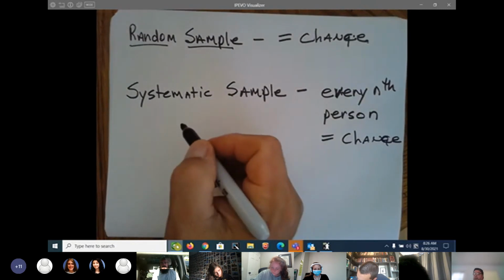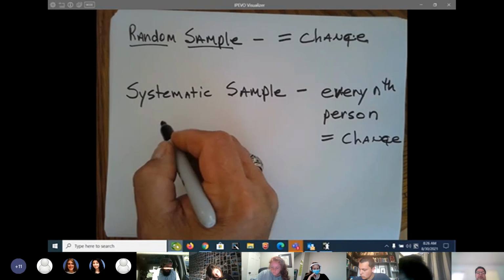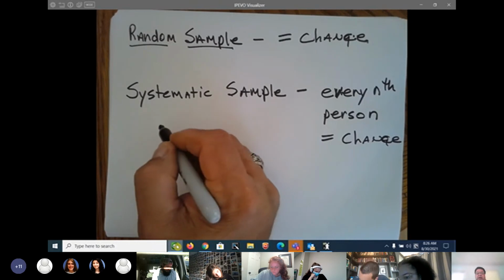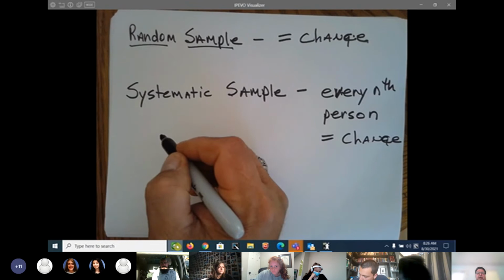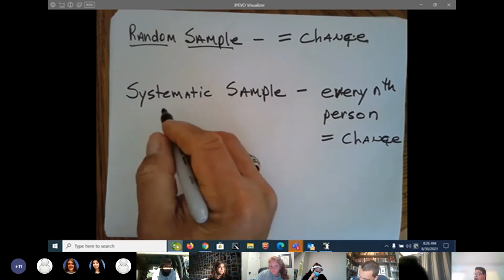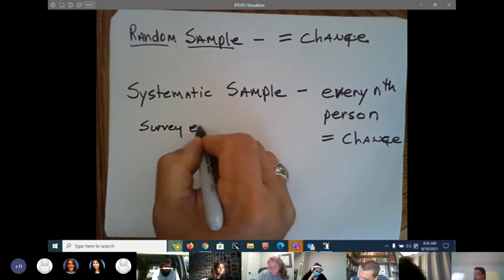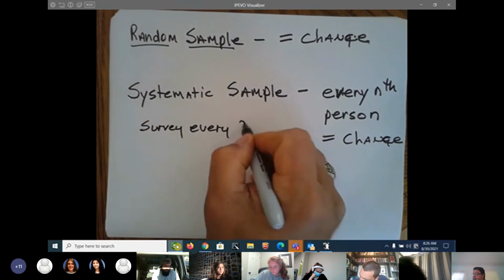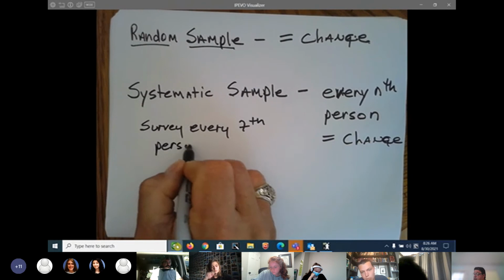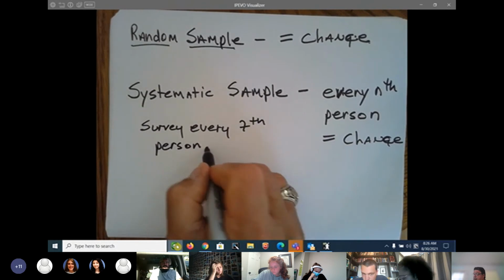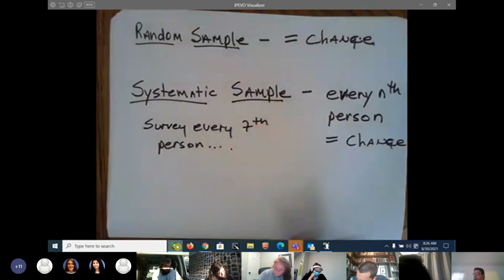So if I were to tell you that I want you to stand outside the doors at the AC campus, outside the exit doors, you and another person, because there's only 2 exits out the front, and I want you to survey every 7th person that walks out the door, that is a systematic random sample.